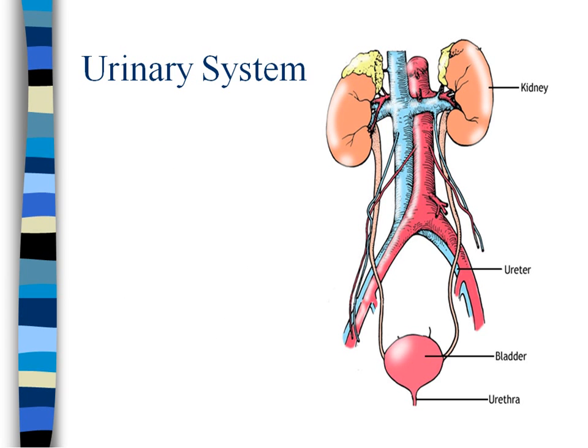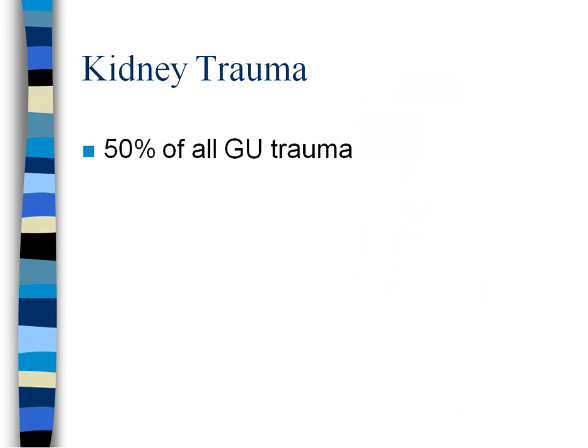All right. Genitourinary trauma. So this is my urinary system. So here are my kidneys. Here's my ureters. So basically that ureter comes down from the kidney and delivers the urine to the bladder and then the urethra. Okay? Kidney. 50% of all GU trauma is going to involve a kidney. Okay?